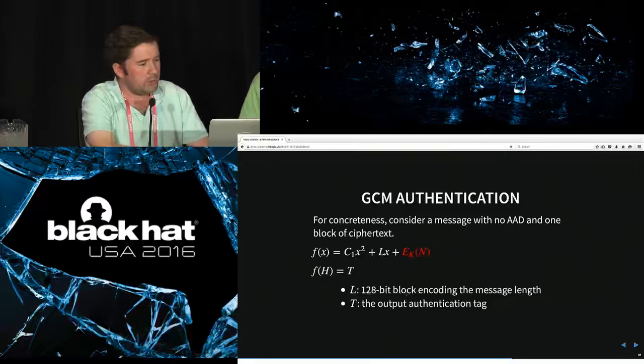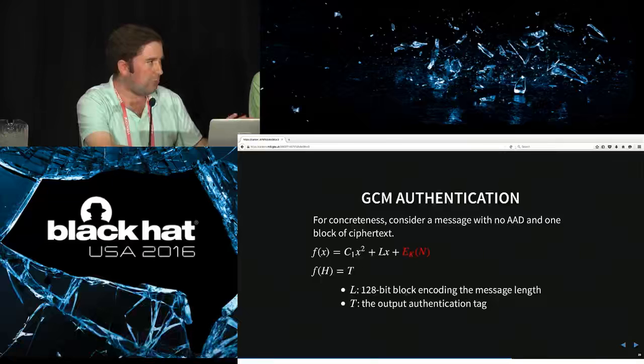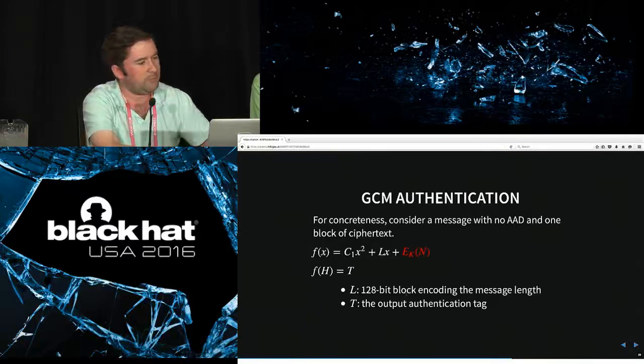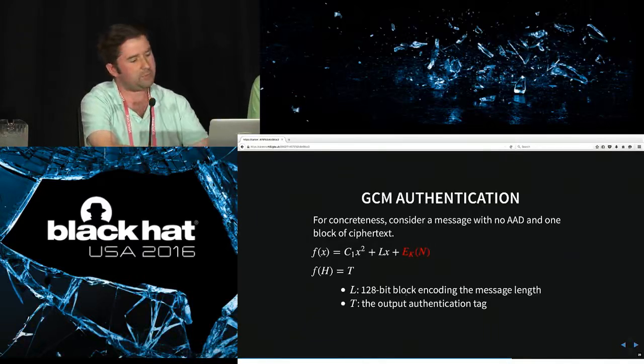Okay, so let's get a little bit lower level here. For concreteness, let's consider a message that has no additional authenticated data. Recall that GCM is an AEAD mode, so you can authenticate additional data past the ciphertext. So we'll consider a message that has no authenticated data and one block of ciphertext.